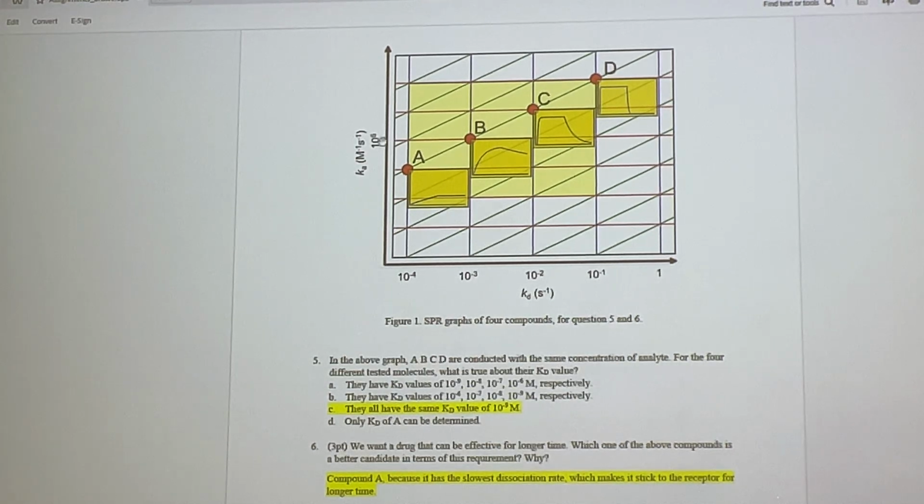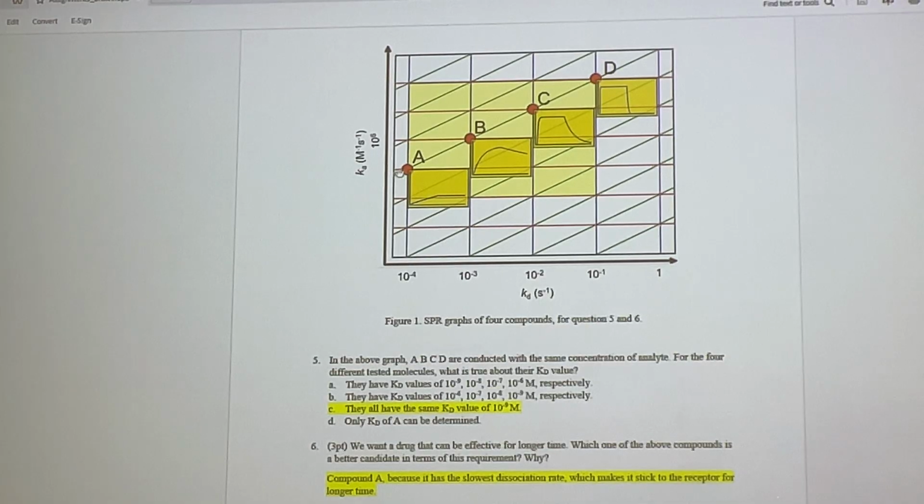Basically, it's the small ka of compound B, and we know the small kd of compound B, which is 10 to the power of -3. So we know that the capital KD should be this number over this number, and that is 10 to the -9. So we know that the binding affinity should be 10 to the -9 molar.